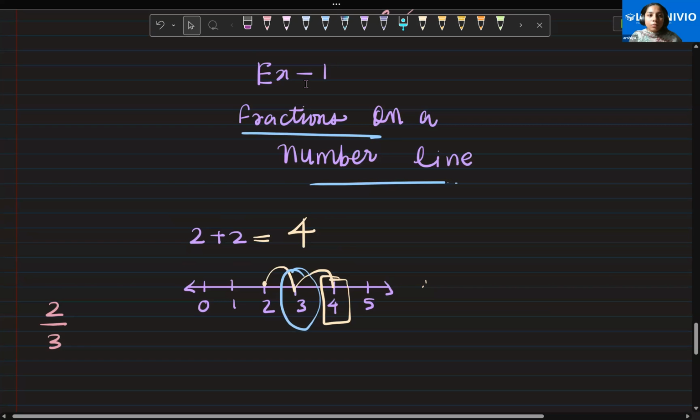Should I also write that 2 plus 2 is equal to 4, like that example too? Yes, that's the question. So write that question first and then draw the number line.